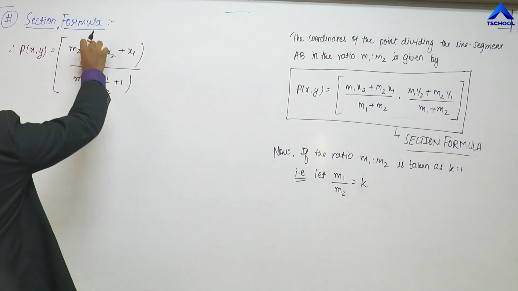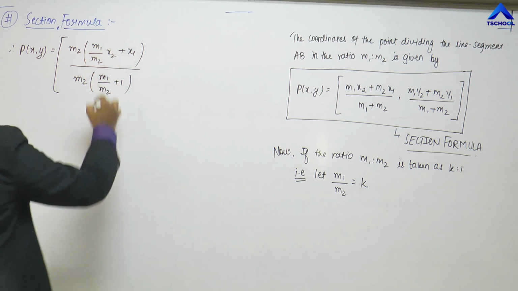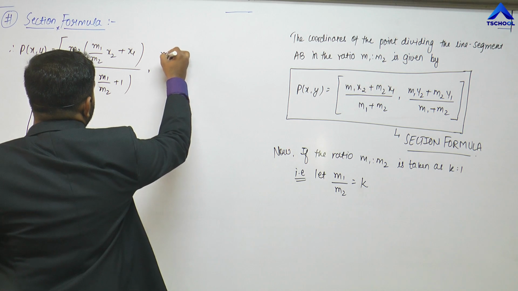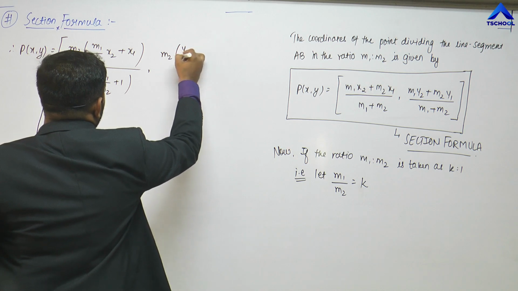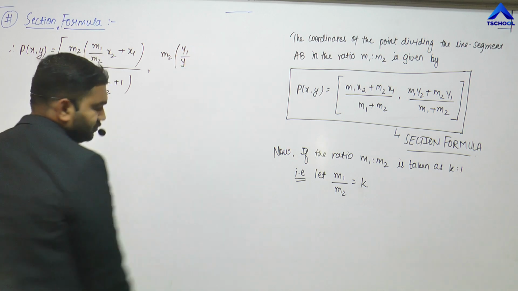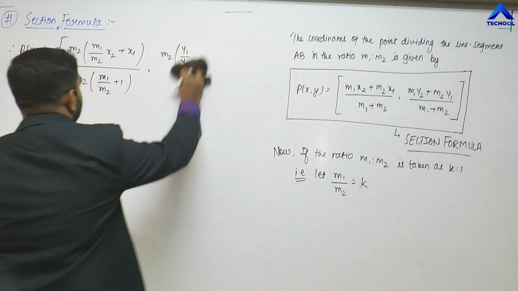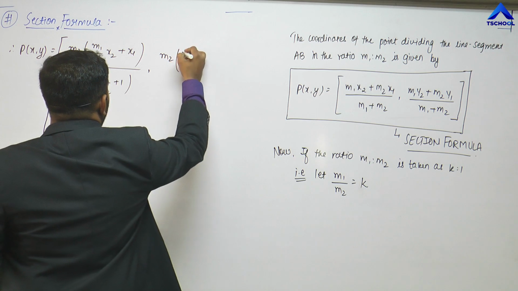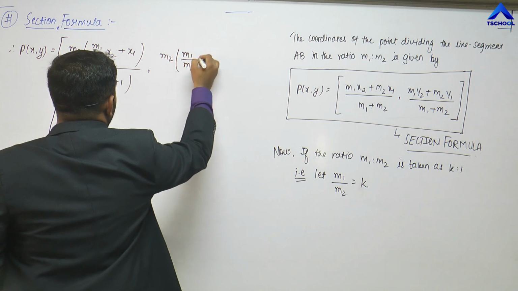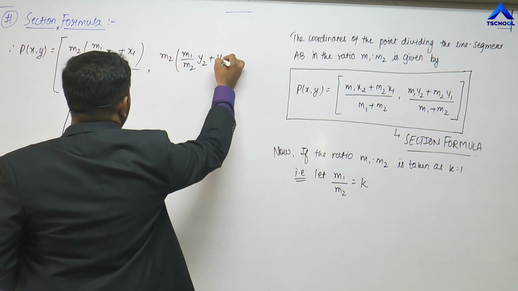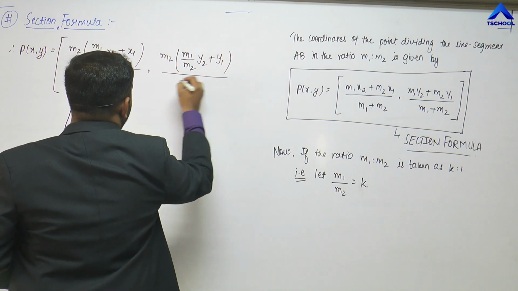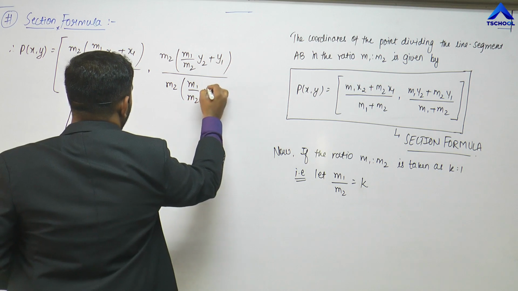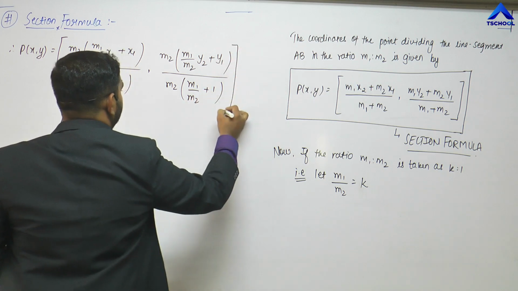Yes or no? Right? So we are going to shift it like this, comma, again we shall do the same thing, m2 into (m1 upon m2 y2 plus y1) upon m2 into (m1 upon m2 plus 1).